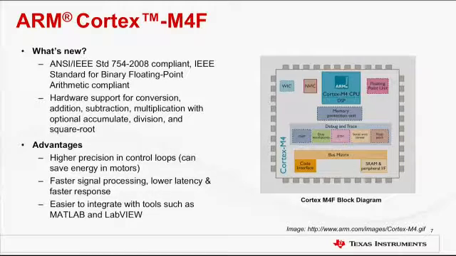The floating point core supports hardware division, multiplication, addition, etc. Although it cannot replace a DSP, it can be used in simple signal processing applications using the DSP-like instruction set. Higher precision in control loops, faster signal processing, lower latency, and easier integration with tools such as MATLAB and LabVIEW are some of the advantages of using the TM4C123X family of microcontrollers.